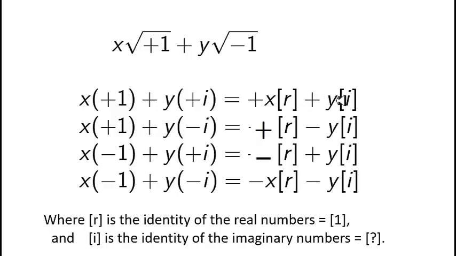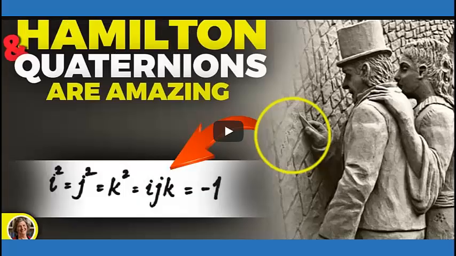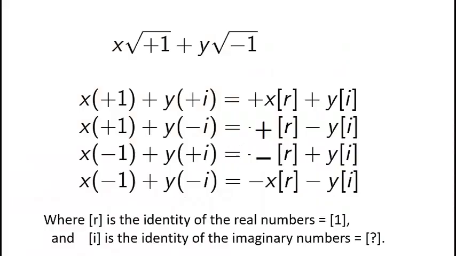You've got the real and imaginary identities, so the real identity is equal to 1, and the imaginary identity, we still don't know what that is. Euler still doesn't know what that is, and Hamilton still doesn't know what that is. They just write i, j, and k, but they don't know what it is. But I know what it is, and you know what it is.